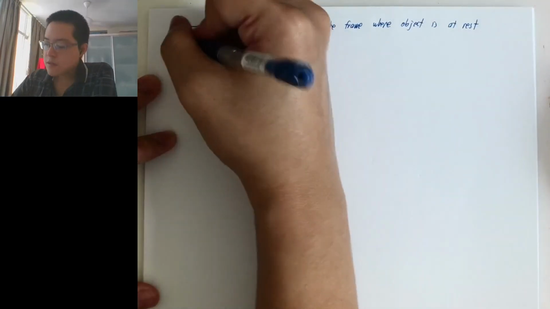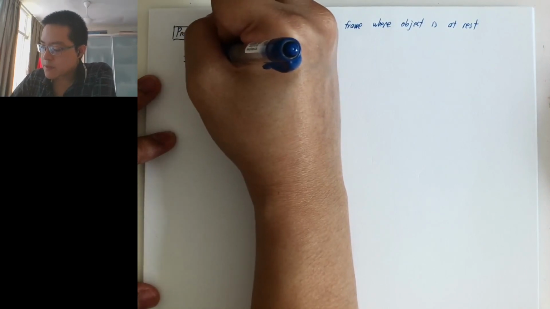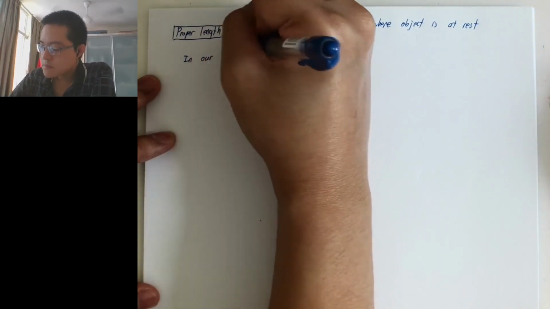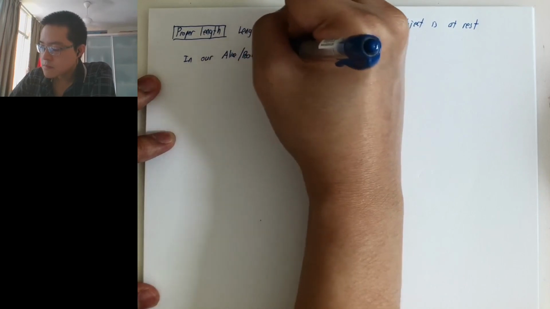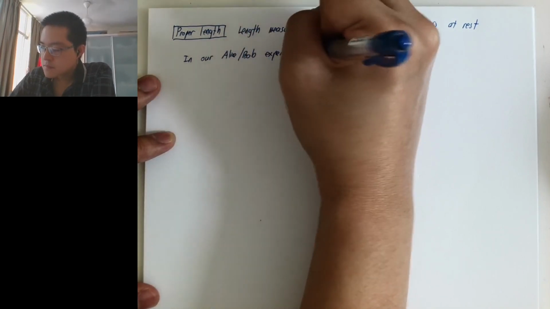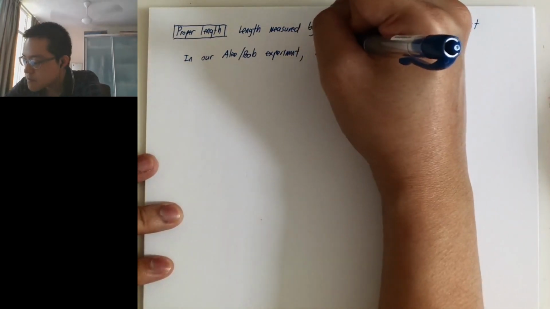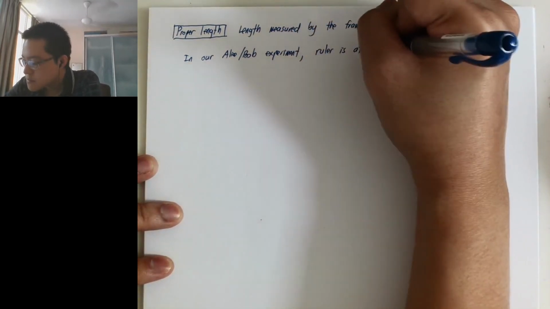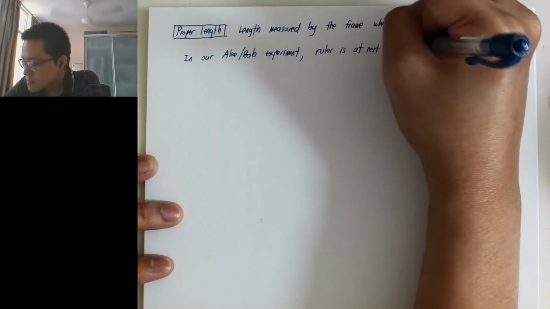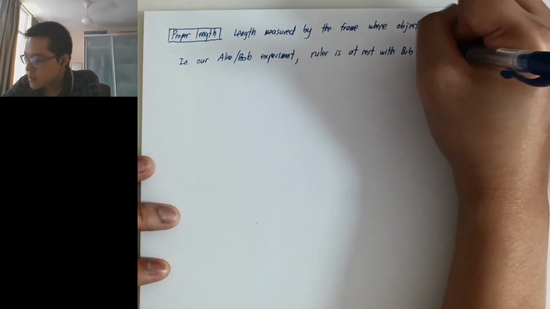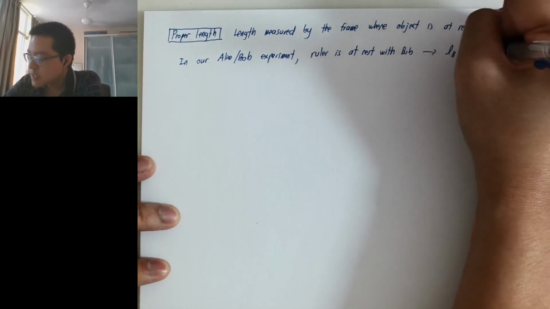Okay, so in our thought experiment, who has the proper length? The ruler, where is the ruler? The ruler is on the train together with Bob. Alice is outside seeing everything moving, so Bob has the proper length. The ruler is at rest with Bob, so the length measured by Bob is the proper length.